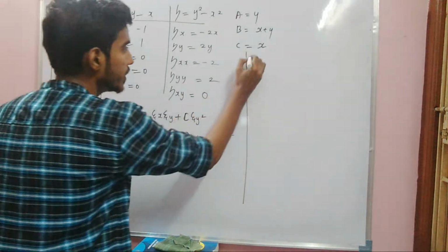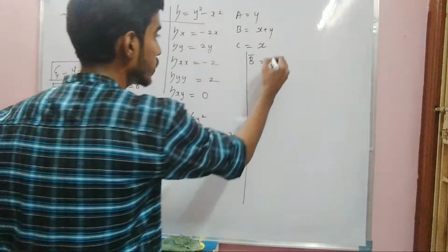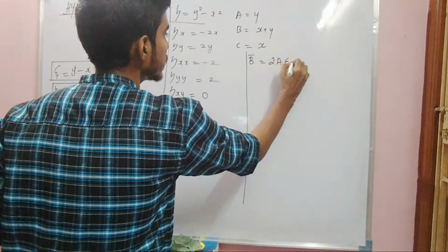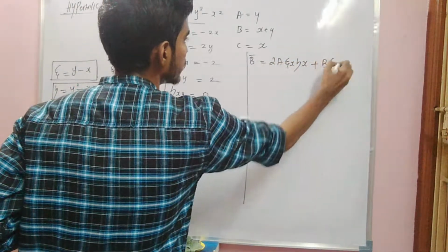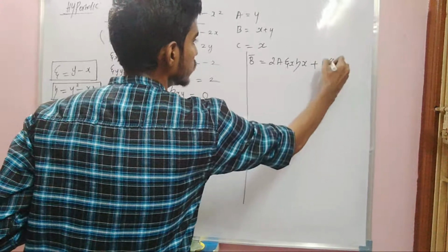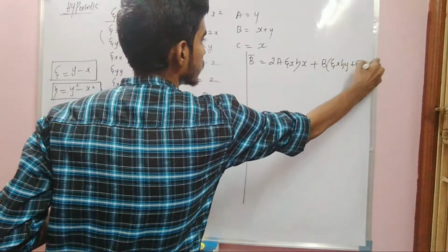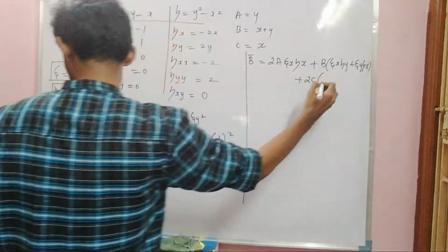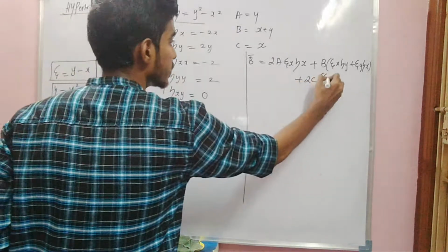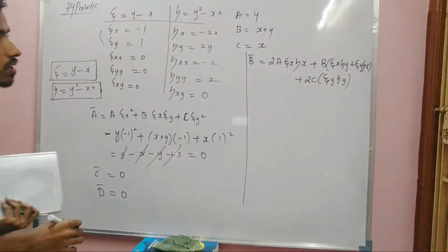So what is the formula for B bar? B bar is 2a theta x eta x plus B into theta x eta y plus theta y eta x, plus 2c into theta y eta y, right? Now we will do this.